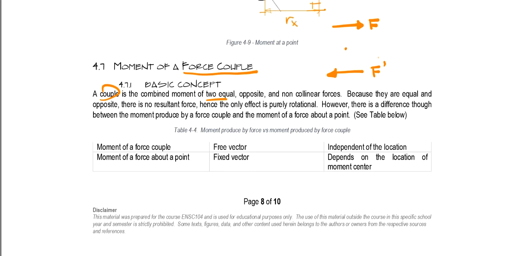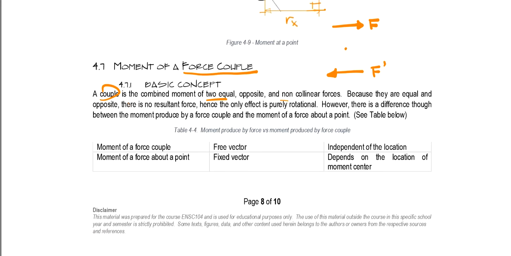Okay, so these forces here are called a couple, since they are equal in magnitude, and as you can see from the direction of their arrows, they are in opposite direction. Also, they are non-collinear forces, meaning they do not lie on the same line.